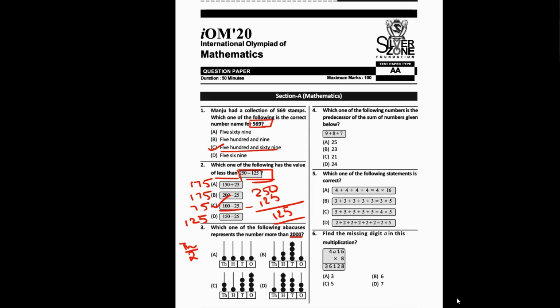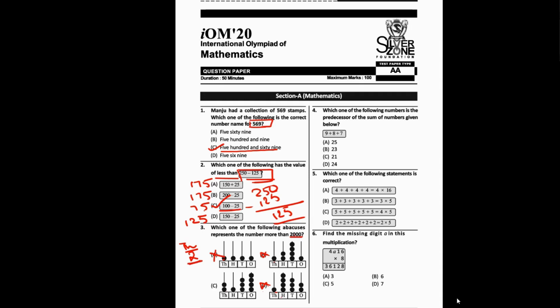So over here, in the thousands place, option A has only 1. Option B also has only 1, so it cannot be more than 2000. Option C, yes, you have 2 beads. And option D, again 1. So A, B, and D cannot be the correct answer because they have only 1 bead in the thousands place, and I need a minimum of 2 beads.